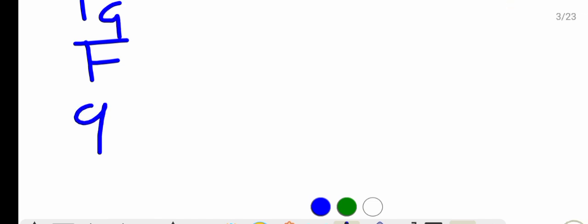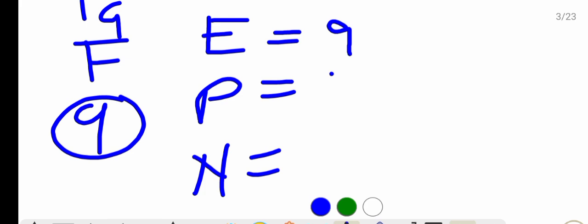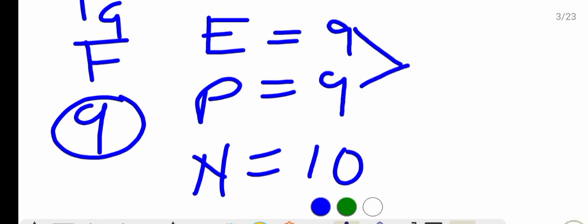So if we say what's the number of electrons, protons, and neutrons in a neutral atom of fluorine, what we are going to get is 9, and what is 19 minus 9? That is 10. So neutrons are 10, protons are 9, electrons are 9. Remember, it is a neutral atom of fluorine, hence these two are equal.